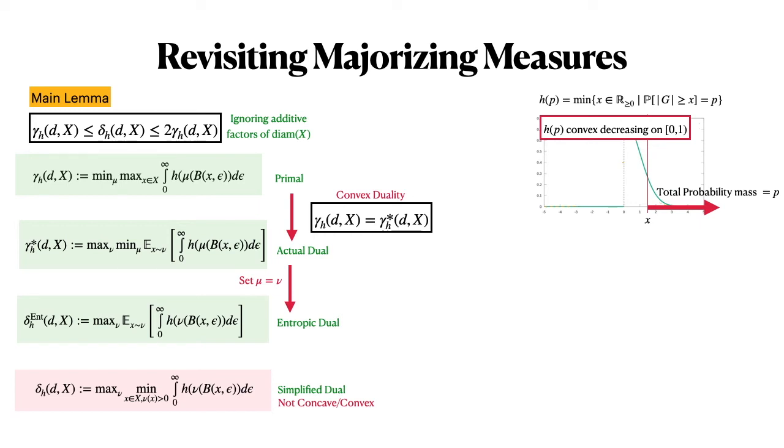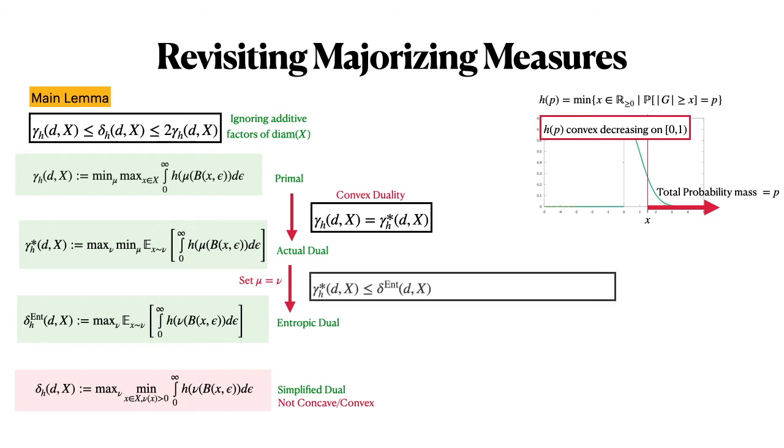If one does that, one gets another optimization problem that we call the entropic dual. And since we substituted mu to be nu, the value of this entropic dual is at least the value of the real dual, but we show that this cannot be more than a factor 2 apart, up to some additive factors.